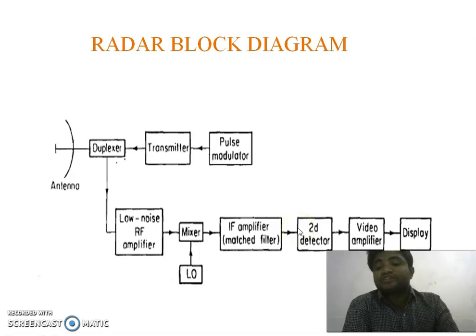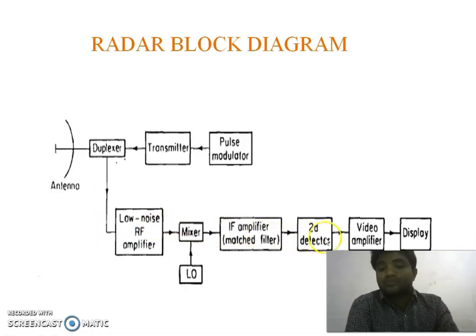After demodulation, the signal is very weak, so it is amplified by the video amplifier. That means we receive the echo signal and it is processed.